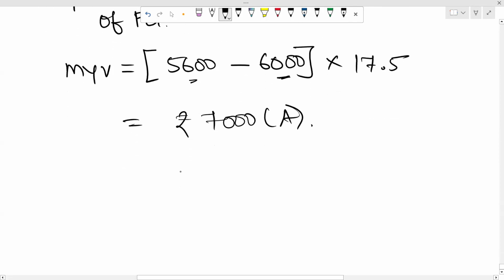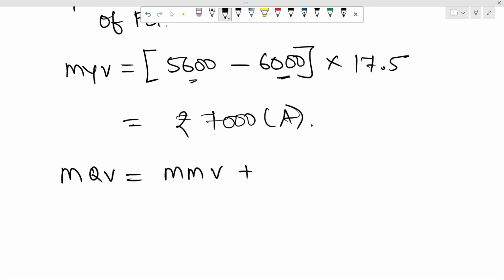Now we can check whether the answer is correct or not, because material quantity variance should be equal to material mix variance plus material yield variance. We know the material quantity variance, how much it is.